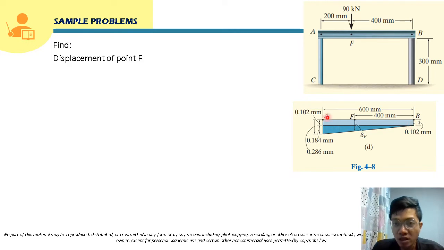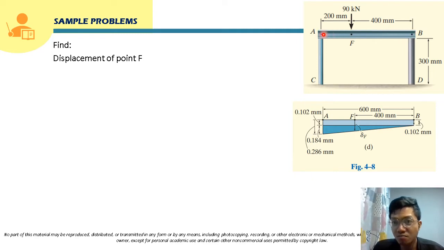Also for point A, it will be displaced and go down 0.28648 millimeter, so this length is 0.28648 millimeter from this point up to this point. Now, if point A and point B are displaced, of course point F will also be displaced since this is a rigid bar.